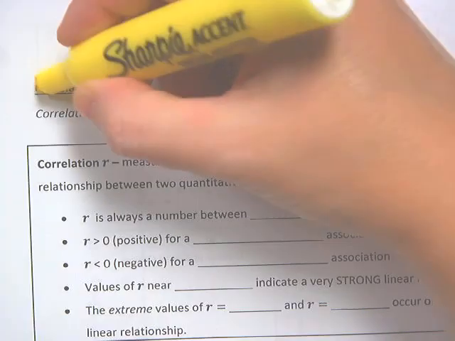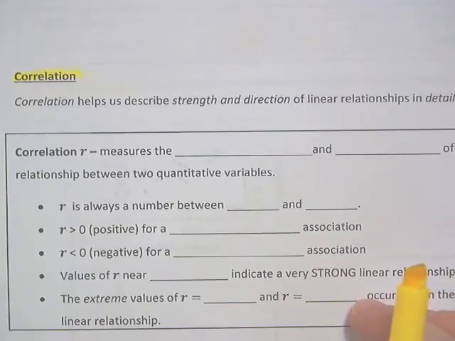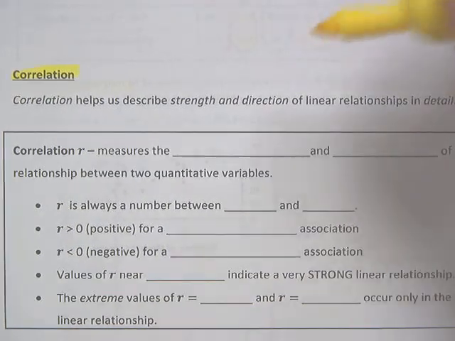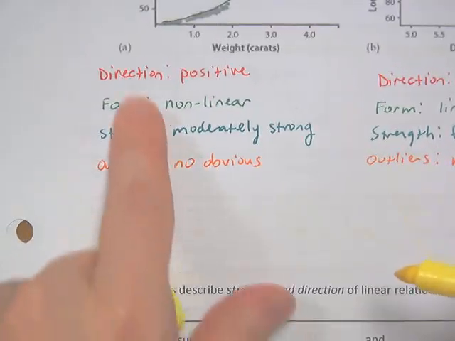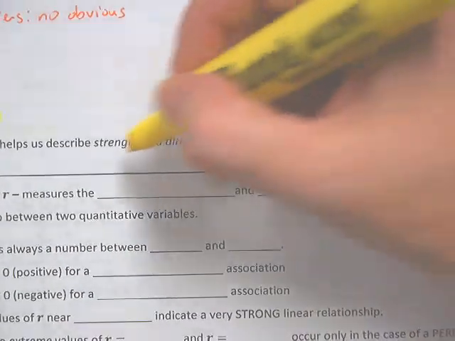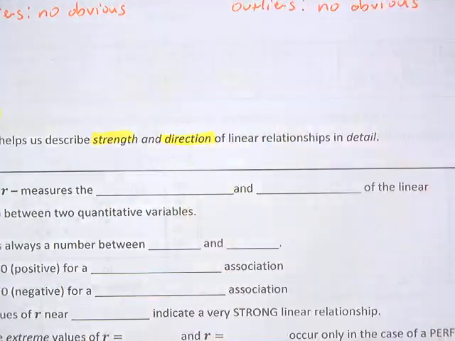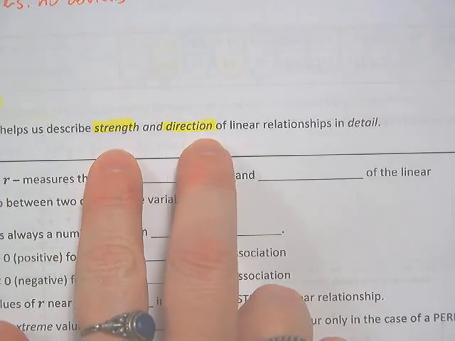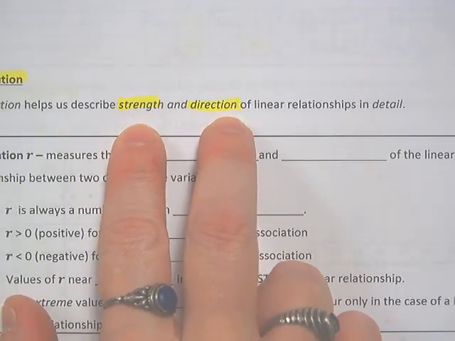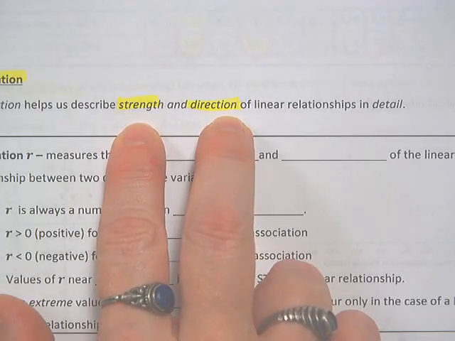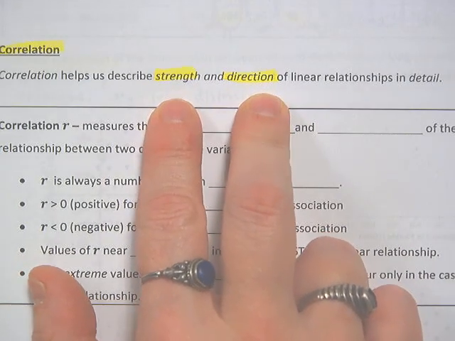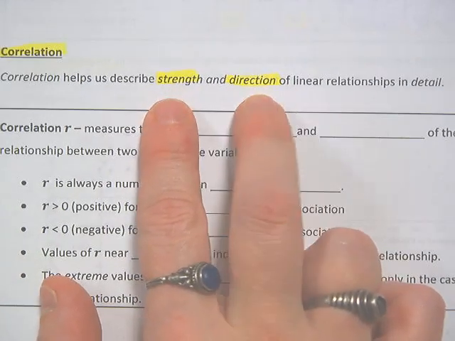Now we need to talk about the other half of the notes, which is correlation. Correlation helps you, out of those four things that we just talked about, give a more detailed answer for strength and direction. That will be a test question. What does correlation measure? It measures strength and direction.